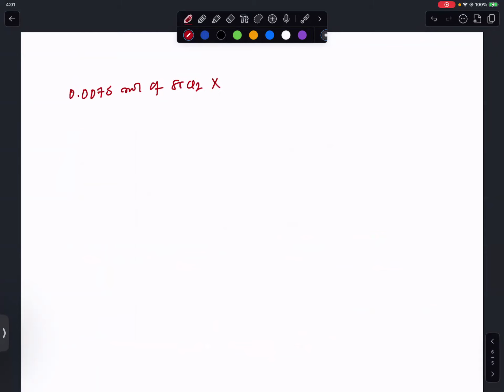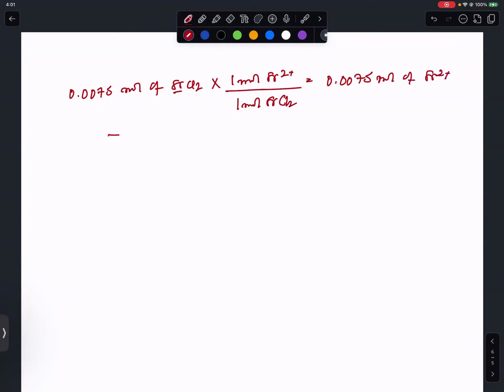And I'm going to say that for every mole of strontium chloride, there's 1 mole of strontium present. And this also gives me 0.0075 moles of strontium ions.